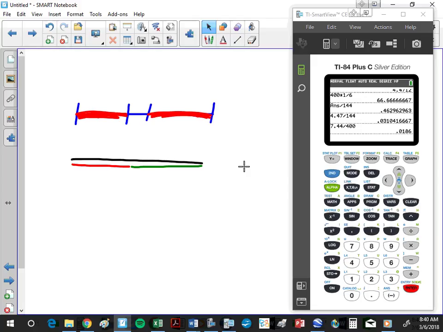Okay, so something with the green line. Good. If I take the red line and I subtract off the length of the green line, then I end up with this little piece here. That little piece is this little piece here.